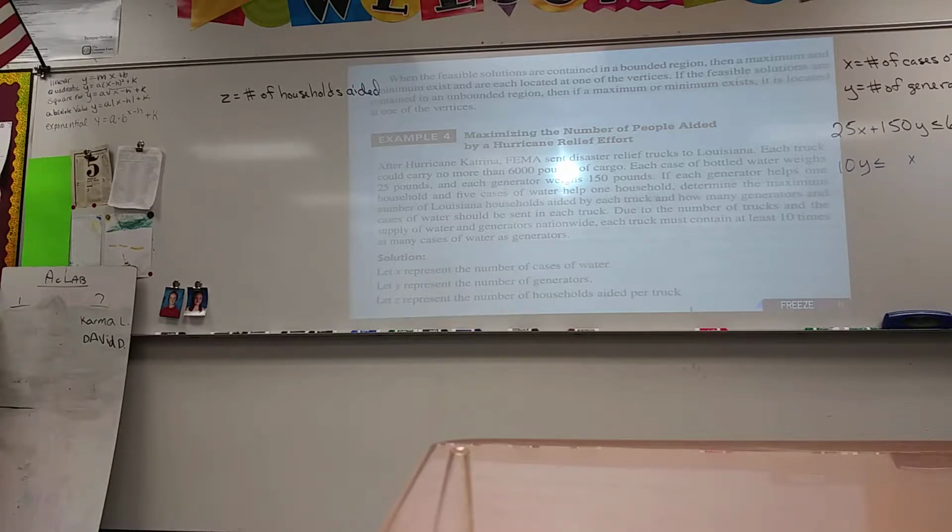Okay, so if we're not sure, what can we do to decide whether we're going to be right or whether we have to flip it? Plug something in. Okay, give me an example of something that should work. One generator and 10. It says at least, right?